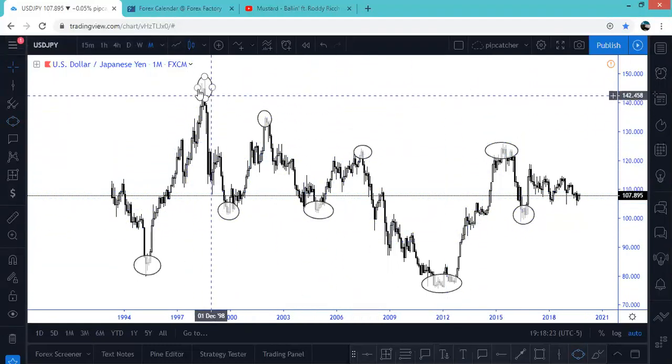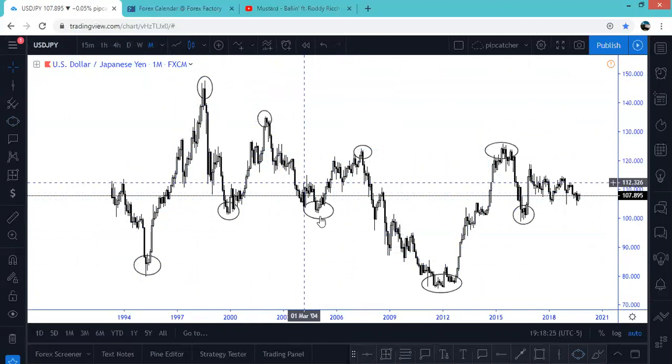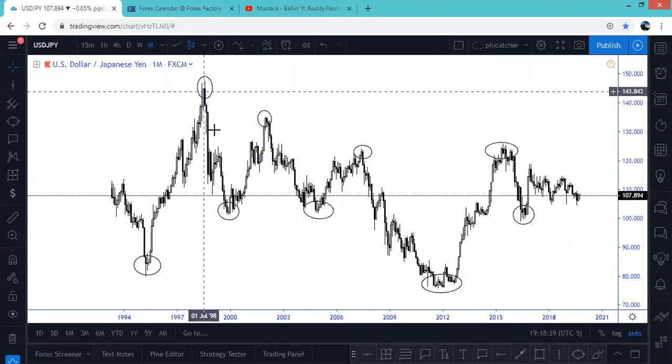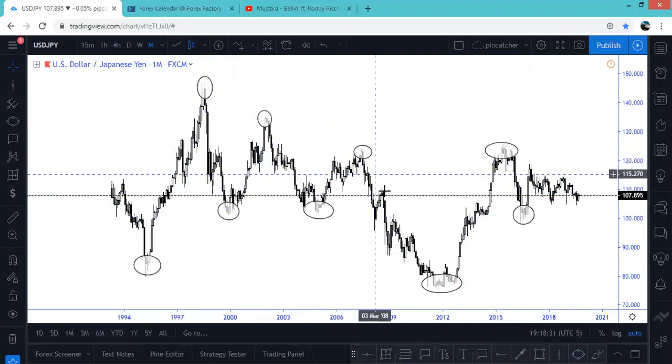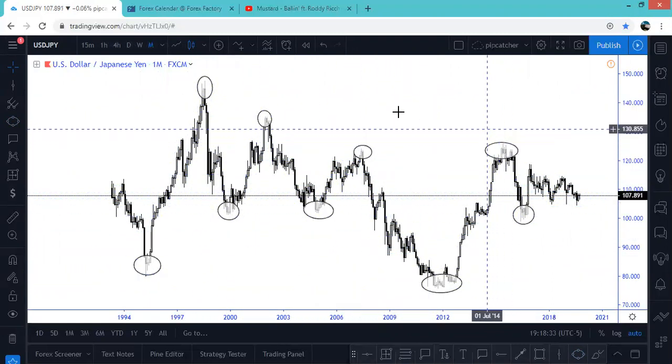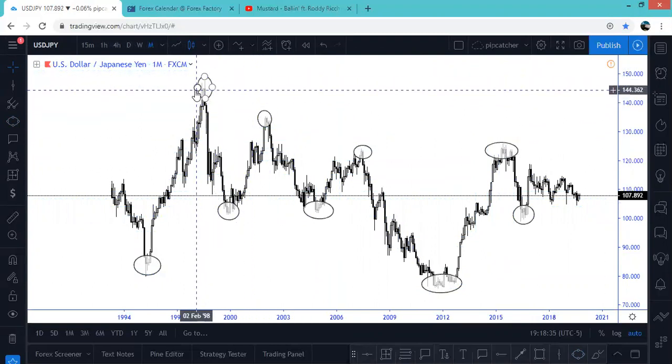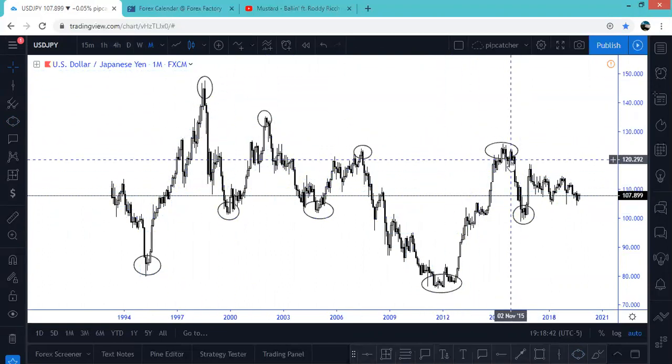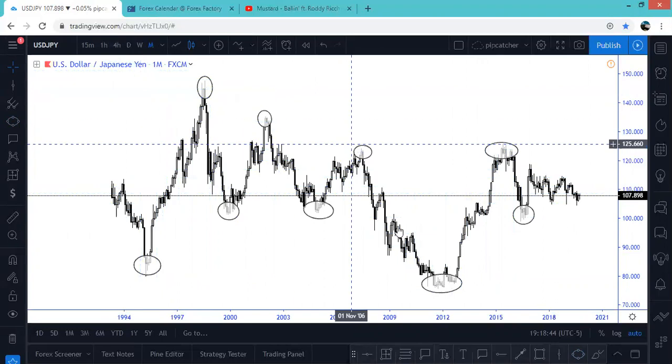So we're going to have a series of lessons examining what happened in these reversal points on the monthly and in lower time frame perspectives. I can go on the weekly and the daily.